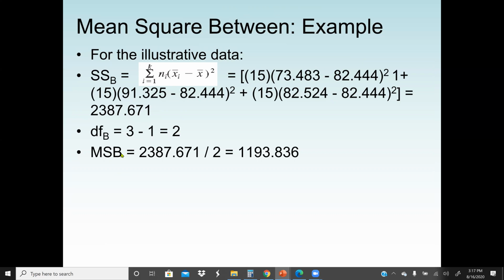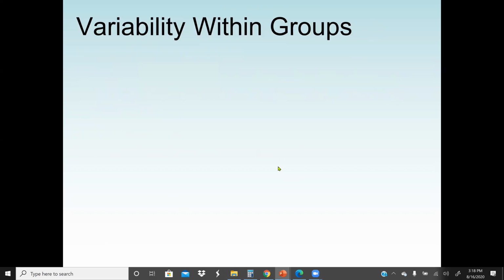Then the mean square between: our SSB, the sum of squares between, 2387.671, divided by the degree of freedom between, which is 2, gives us 1193.836. So those are the ways of finding the between-group values: sum of squares between, mean square between, etc.